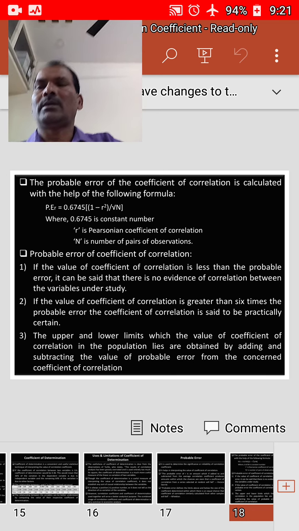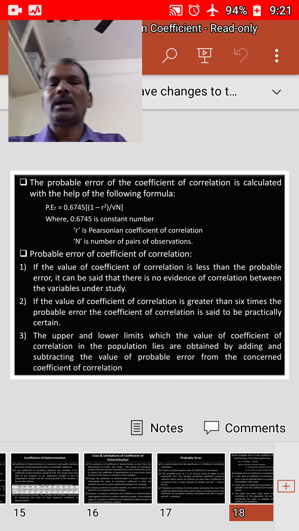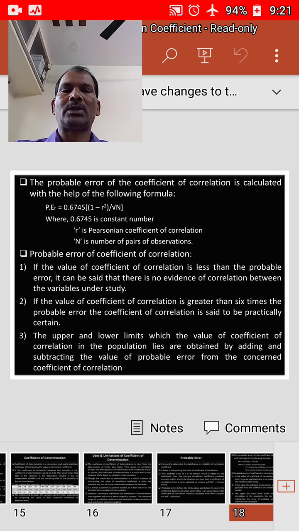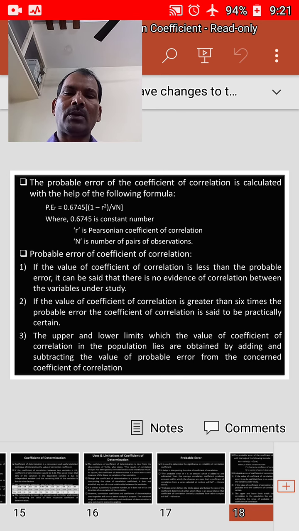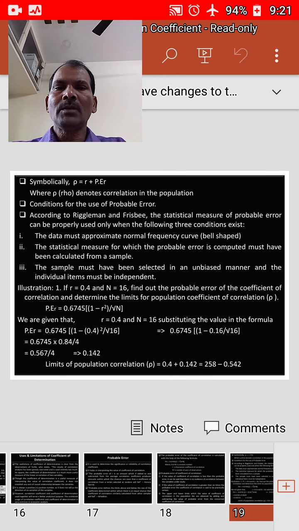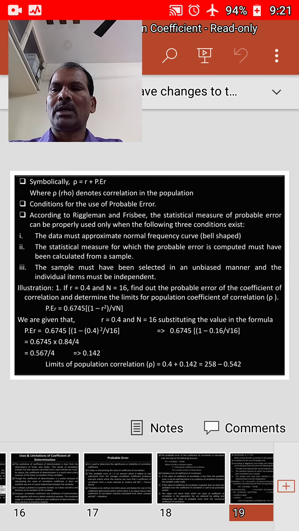And another one is the upper and lower limits between which the value of coefficient of correlation in the population lies, obtained by adding and subtracting the values of probable error from the concerned coefficient of correlation. Symbolically, rho is equal to r plus or minus PE, where rho denotes correlation in the population, right?